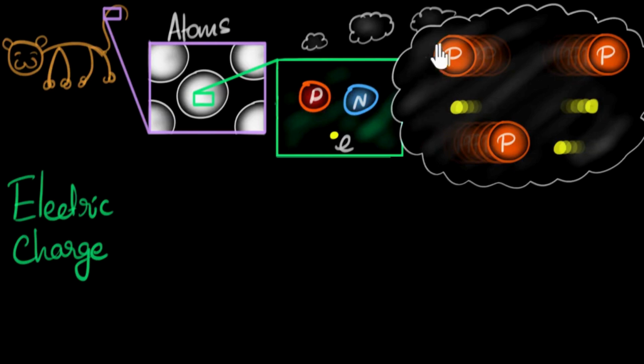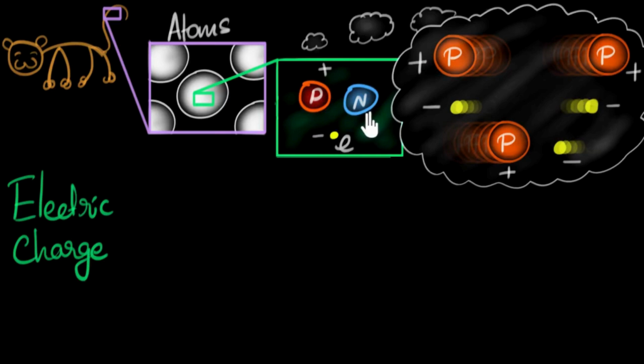And so the kind of charge that the protons possess, we simply named it the positive charge. And the kind of charge that the electrons possess, we named it negative charge. And as a result, like charges repel each other. Unlike charges attract each other. So protons are positive, electrons are negative.